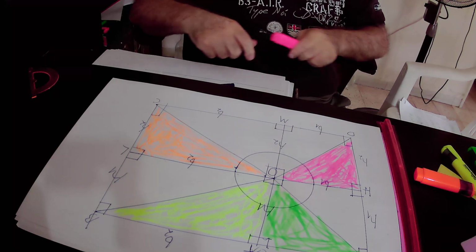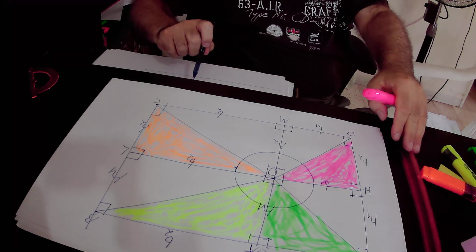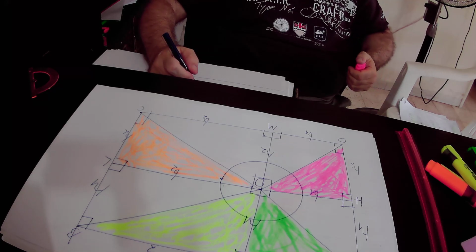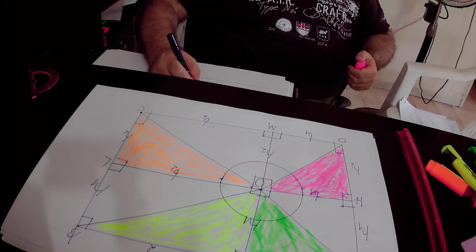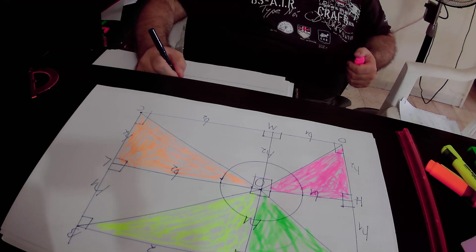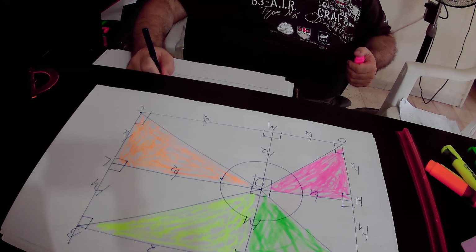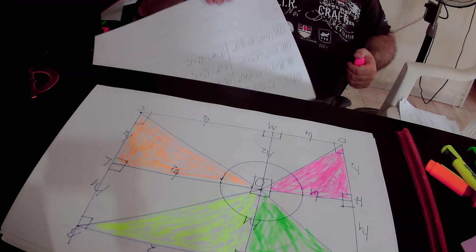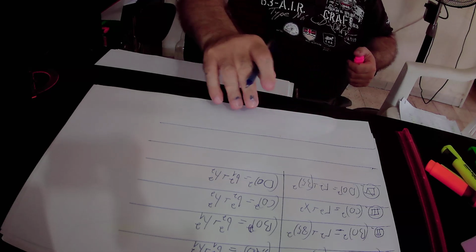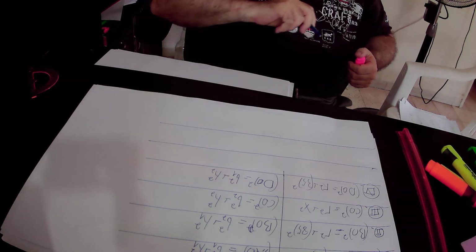According to the Pythagoras theorem, DO squared equals B1 squared plus H2 squared. Repeat again, the right pink triangle DHO, according to the Pythagoras theorem, we get DO squared equals B1 squared plus H2 squared.